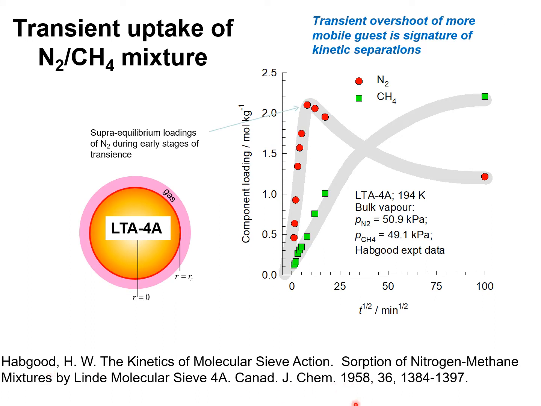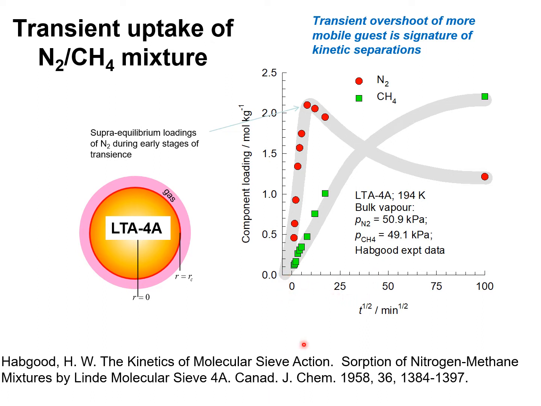Habgood in 1958 published a set of experimental data on transient uptake of nitrogen and methane in LTA-4A zeolite at a temperature of 194 Kelvin.